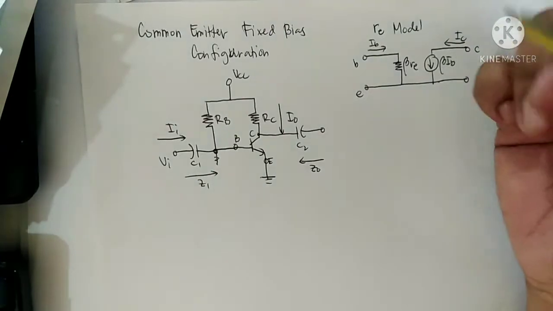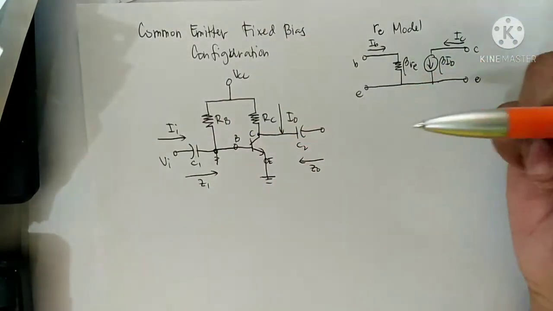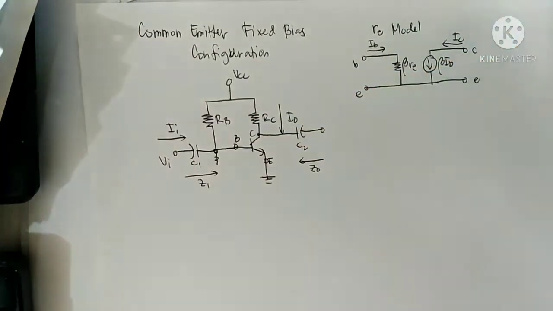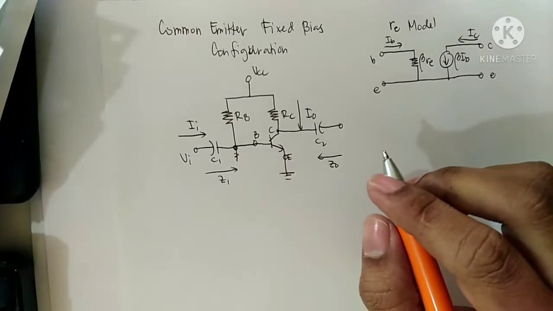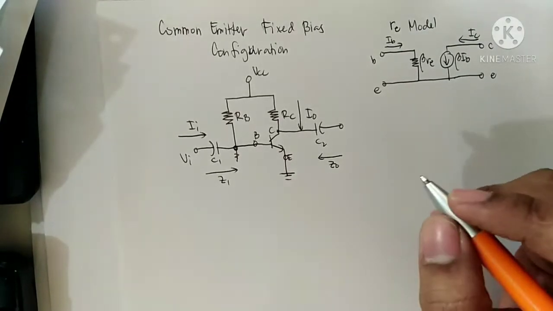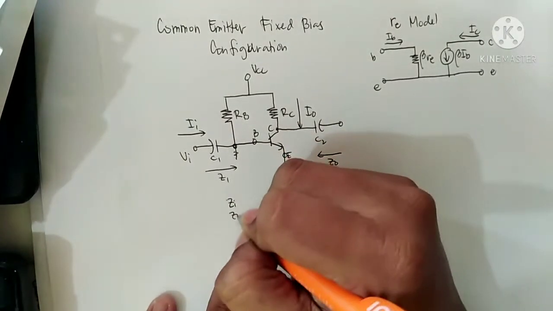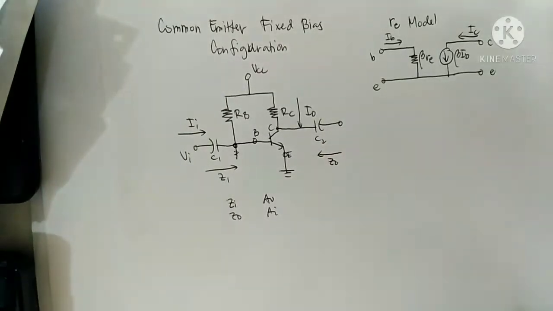So in our Electronics 1, as you can see, fixed bias is composed of two resistors with the supply: RB, RC, and VCC. A quick introduction: in BJT AC analysis, there are four important parameters to consider: the input impedance, the output impedance, the voltage gain, and the current gain.